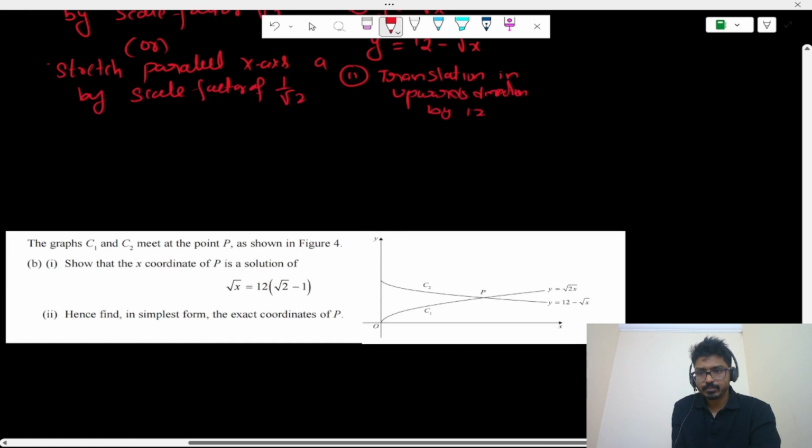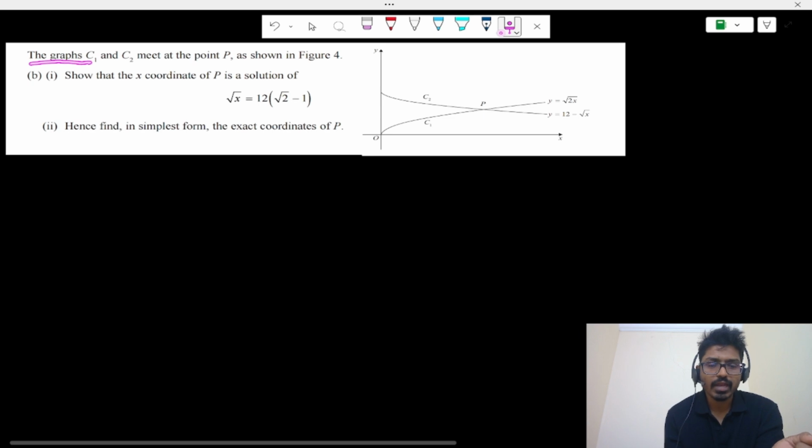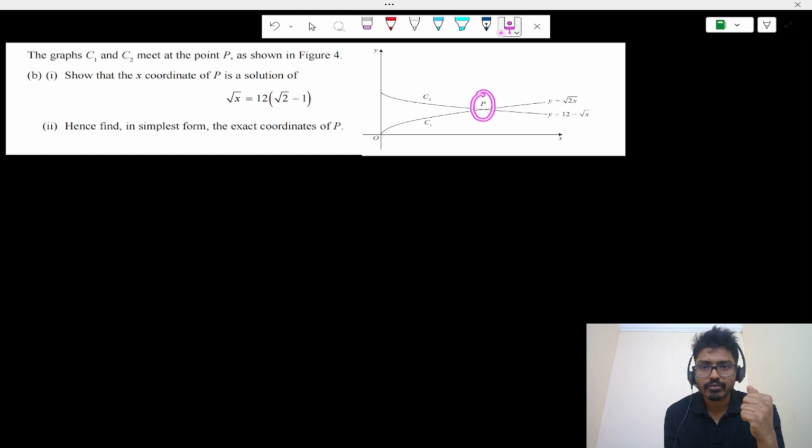In part B, what does the question say? The graphs C1 and C2 meet at a point P, as shown in the figure. Show that the x coordinate of P is a solution, which is x equals 12 multiplied by root 2 minus 1.